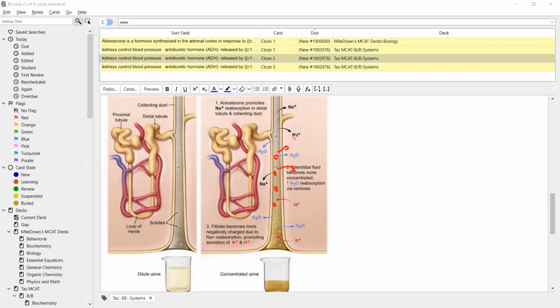When the sodium is being put outside into the tissue here, the water in the urine, right? The water that's going to be leaving in the urine now wants to follow the sodium because of the polar, actually, it's not even about polarity, it's about osmosis, right?